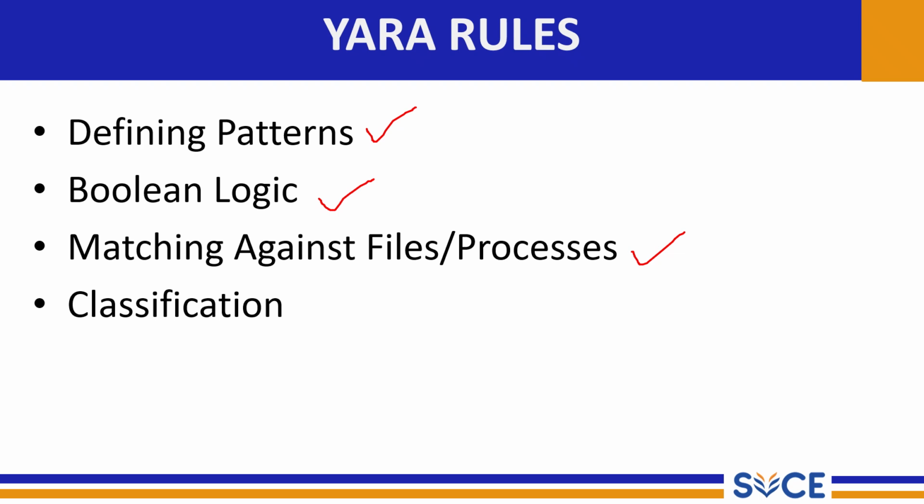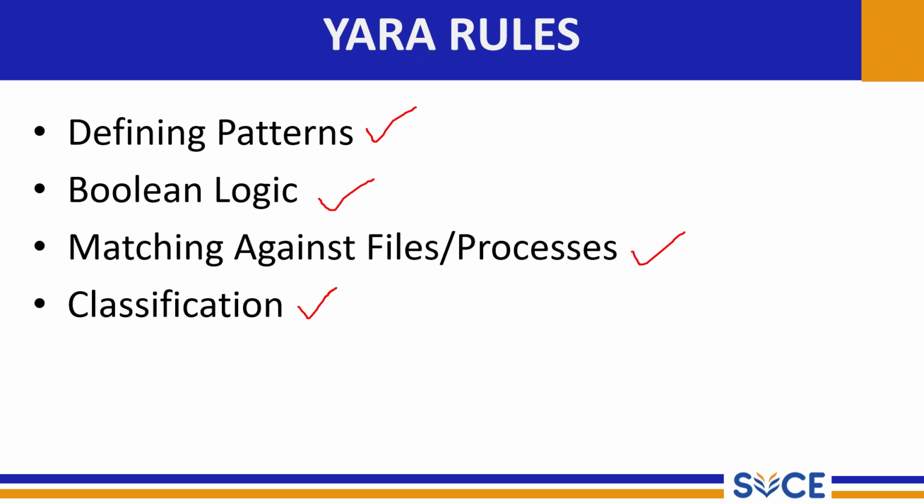The next one is classification. If a file or process matches a YARA rule, it is classified as belonging to the malware family or type defined by that rule. In machine learning, you might have seen you specify some set of rules. Based on the query that is passed, if it is true or false, I have to check some condition, right?